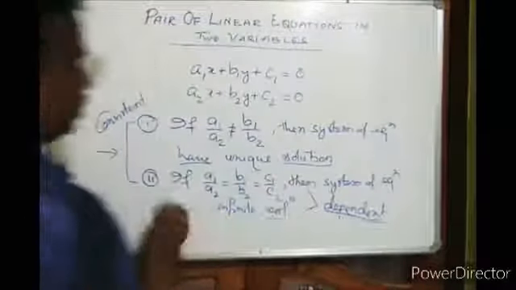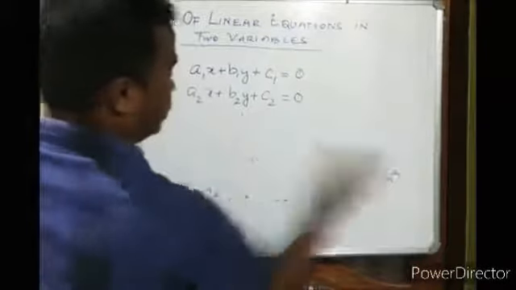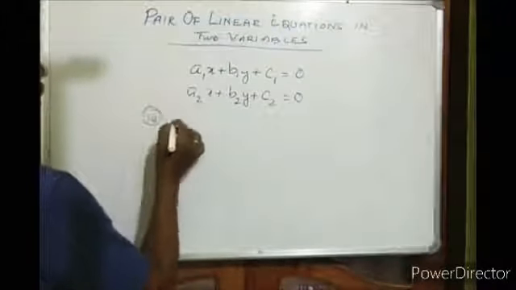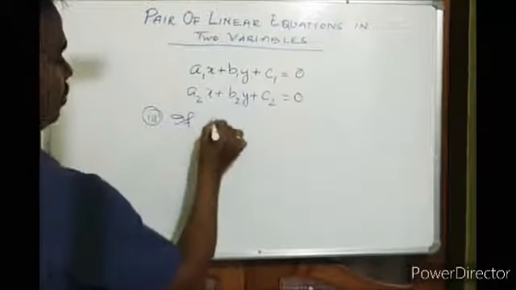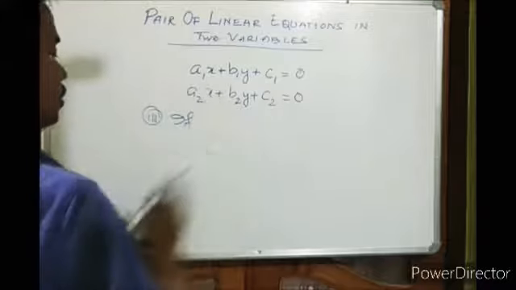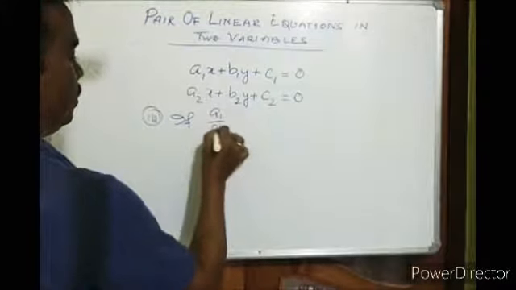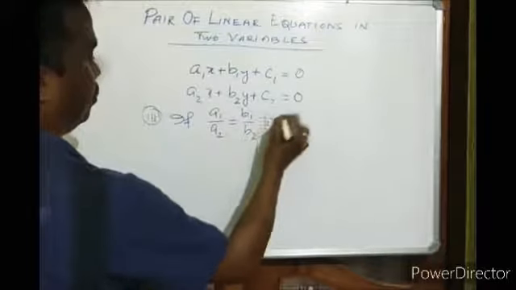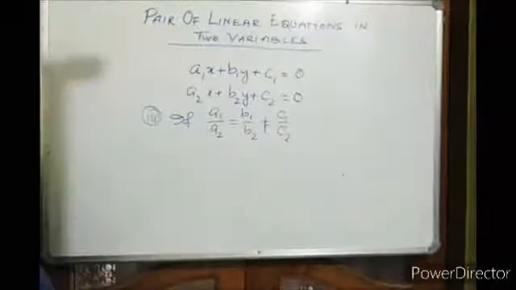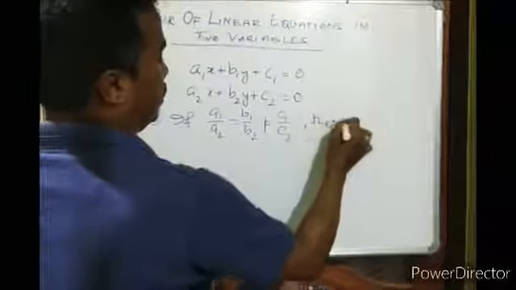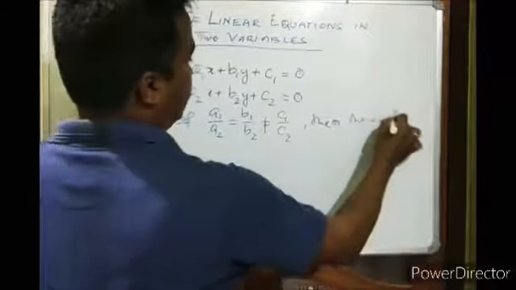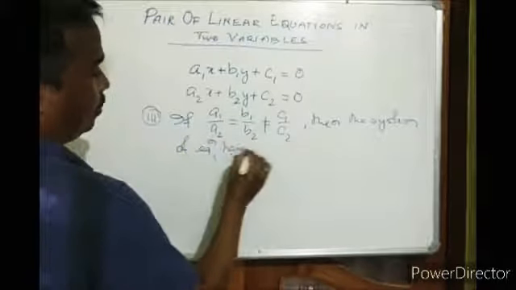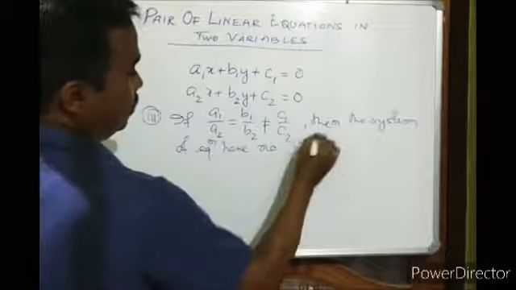Now, when is it inconsistent? The third case: if a1 by a2 is equal to b1 by b2, but it is not equal to c1 by c2, then the system of equations has no solution.